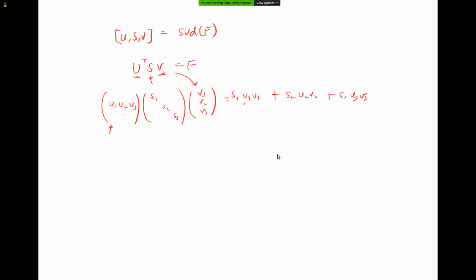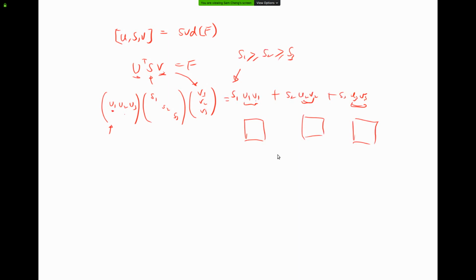Note that each of these is actually a rank 1 matrix, because U1 is a column vector times a row vector, which gives you a 3 by 3 matrix, and this is also 3 by 3, and this also 3 by 3. If you sort the singular values so that S1 is bigger than or equal to S2, bigger than or equal to S3, you can have a low rank approximation by discarding one of the terms.